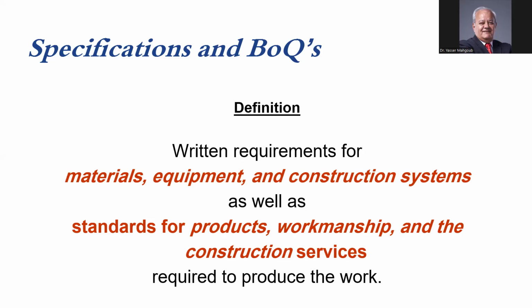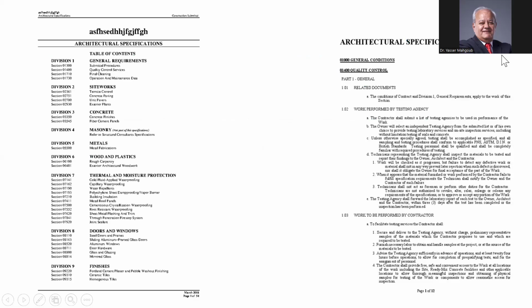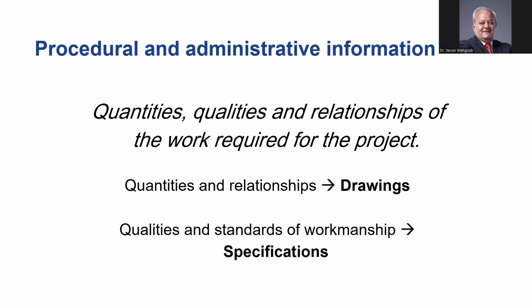So it's a very detailed type of work. Quantities, qualities, and relationships of the work required for the project. The purpose of the bills of quantities and specifications is to provide this information for the contractor.